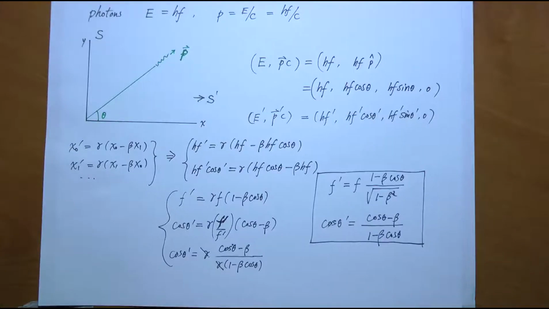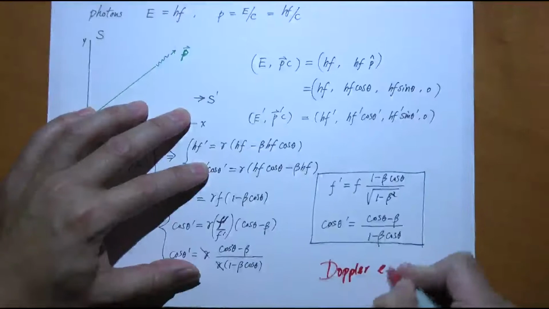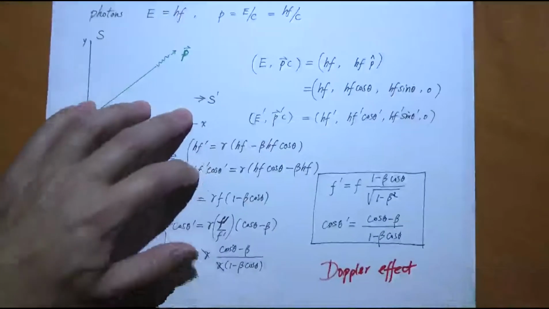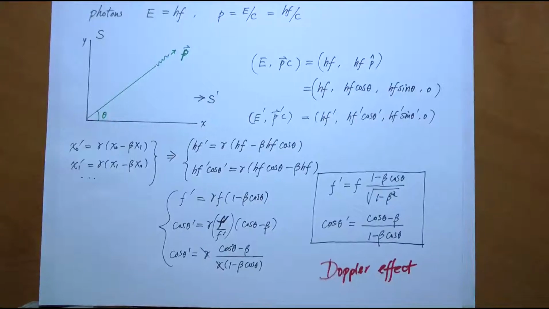Okay, you remember the Doppler effect? The Doppler effect says that for a beam of light, well, in any wave, it could be light, it could be sound, if the observer is moving or if the source is moving, the frequency registered by the observer will be different from the frequency emitted by the source due to the motion of the source and or the observer, right?